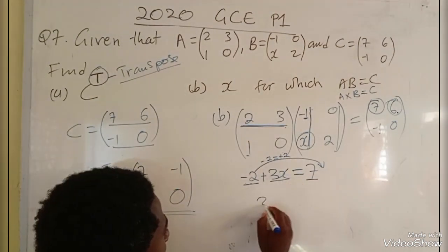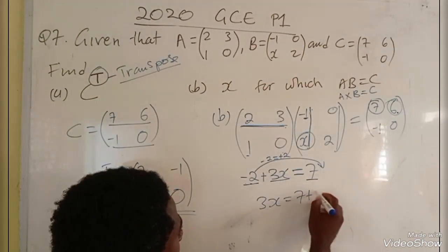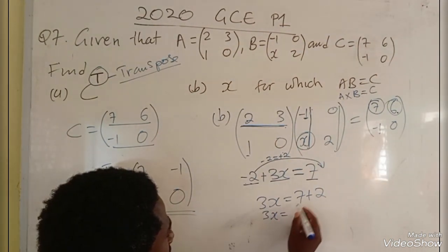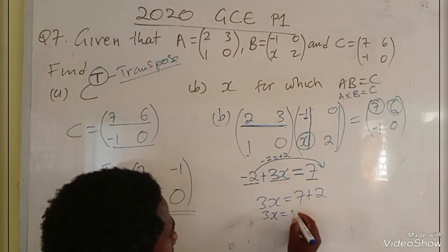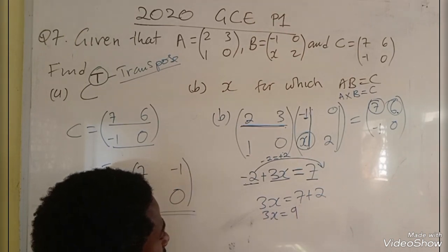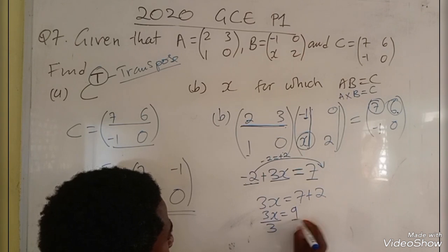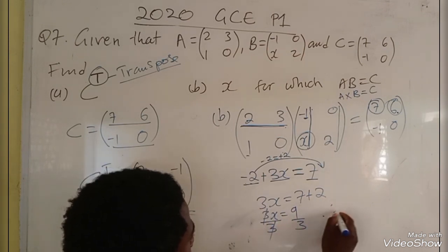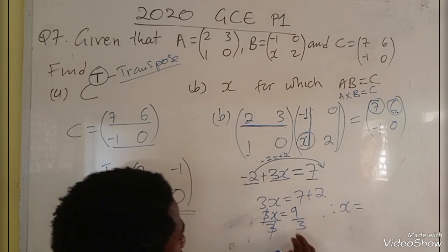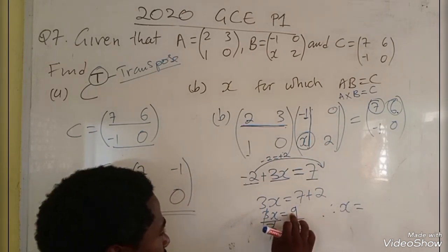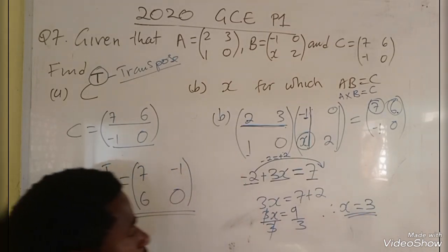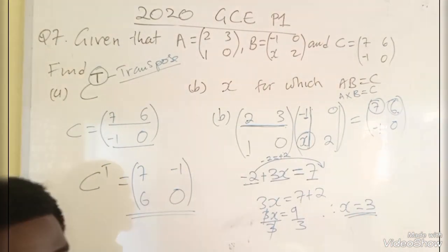So we remain with 3x equals 7 plus 2. 3x equals 7 plus 2, which is 9. So we divide throughout by 3. 3 into 3 is x. Therefore, x is equal to 9 divided by 3, that is 3. So the value for x is 3.